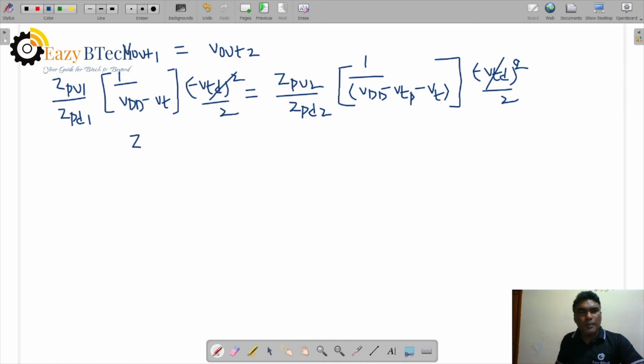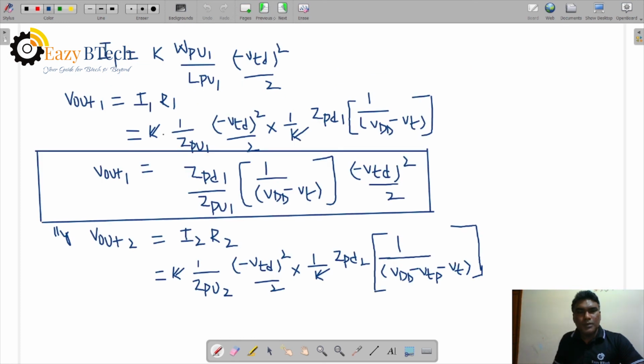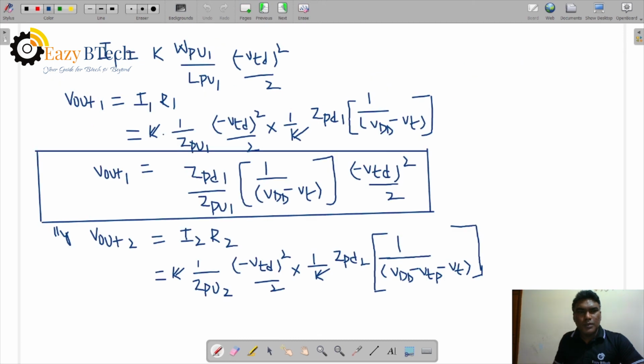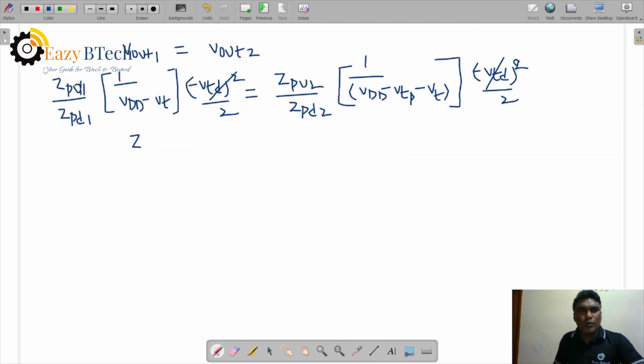Now we can write the equation. Z pull down 1 by Z pull up 1 and Z pull down 2 by Z pull up 2.